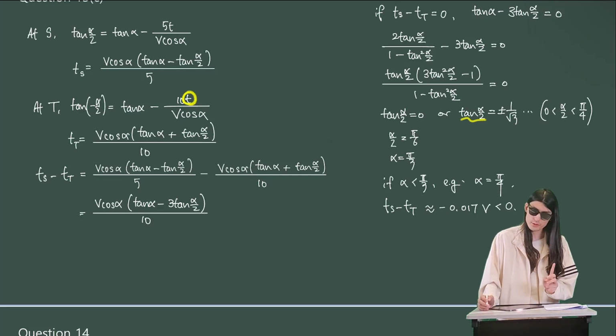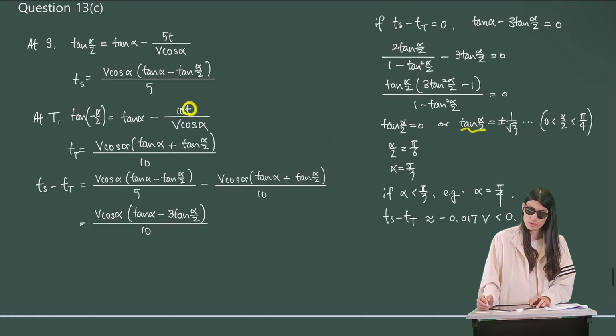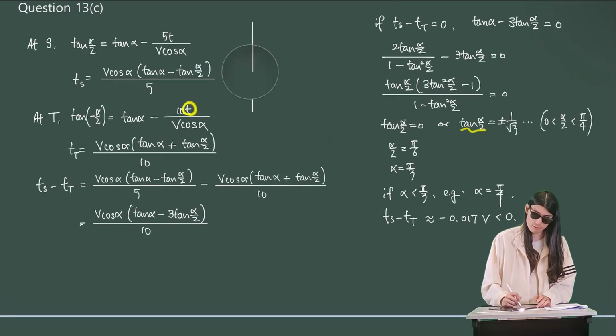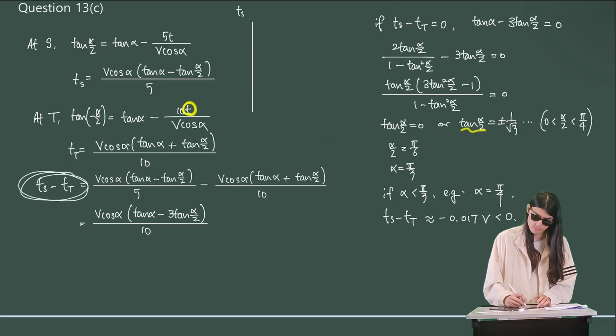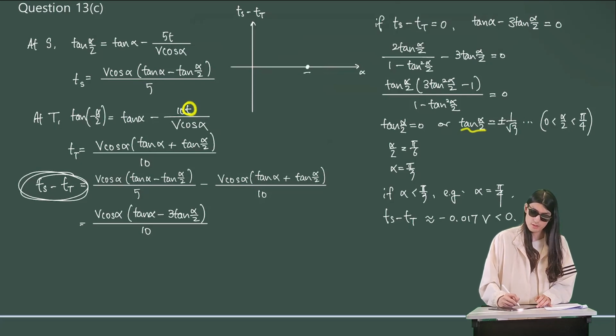So what have you just shown altogether? Summarizing, guys, if I graph the time difference against different launch angles alpha, I've shown that the time difference has a 0 at pi on 3.